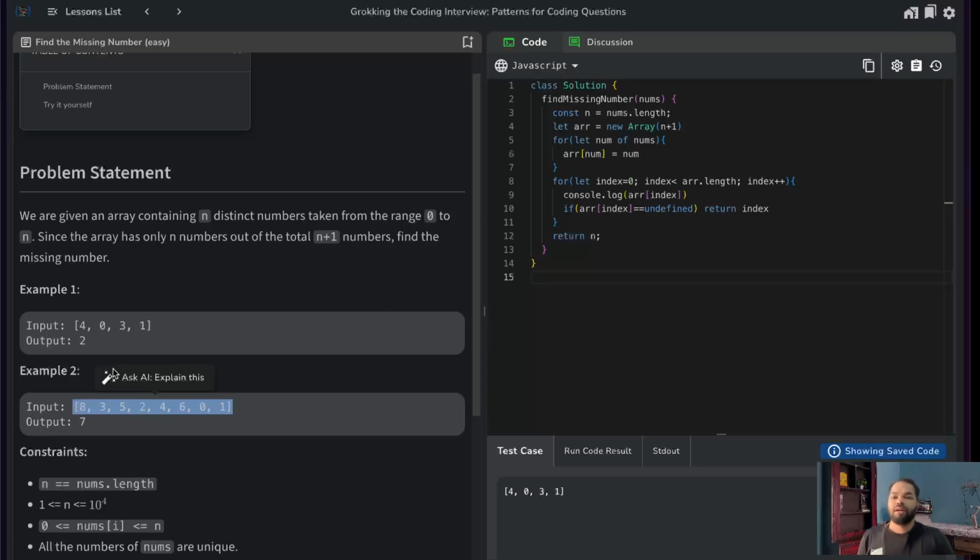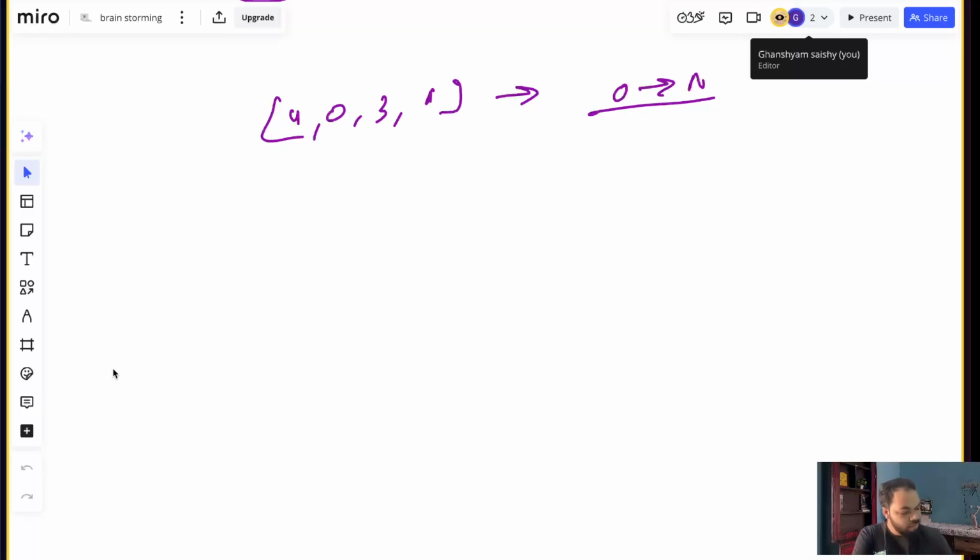And the total numbers, the n numbers out of the total, is n plus 1 numbers, right? Find the missing number. Here the length of this array is 4, so it will only consist of 0 to 3 elements. It might be possible it has the 4, right?